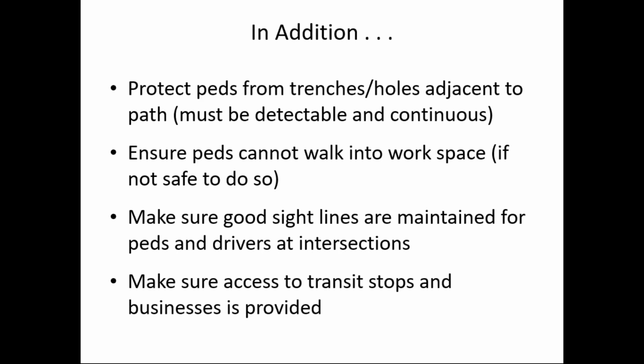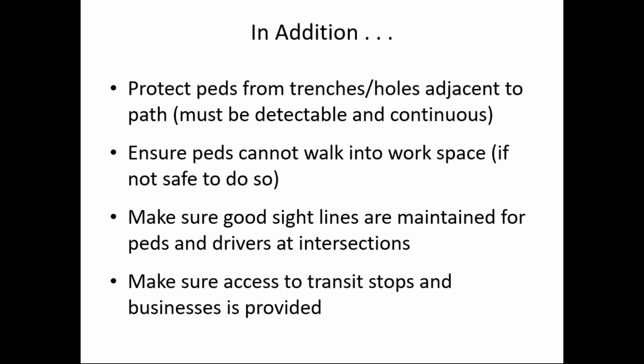And in addition, I'll add my safety things here. If you have trenches or holes or equipment that somebody can walk into, or strike against, we need to protect pedestrians from that. And the barricades that we use have to be detectable and continuous. Make sure pedestrians can't walk into the workspace.